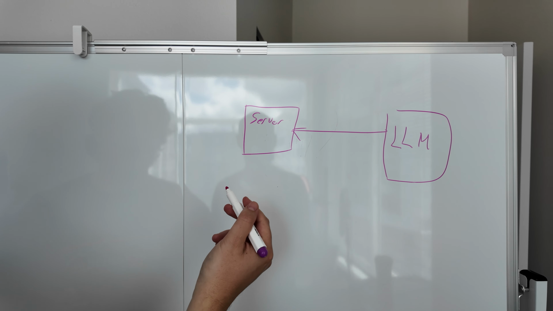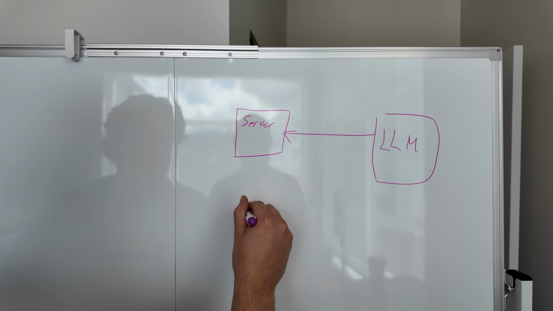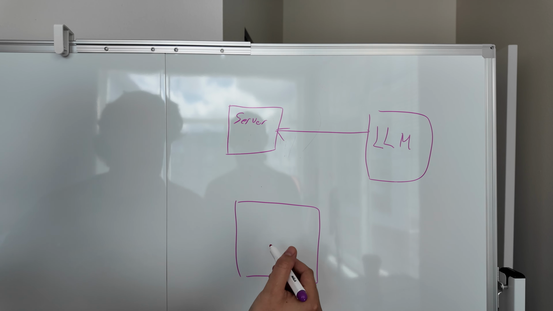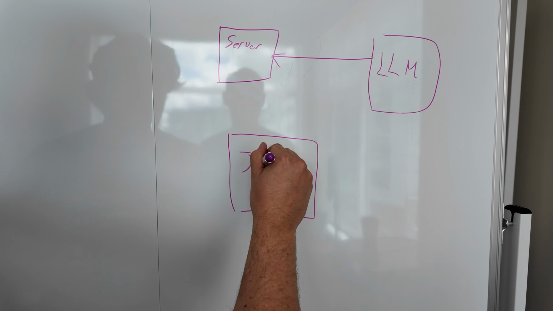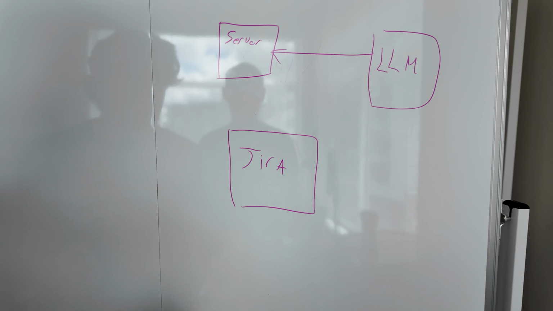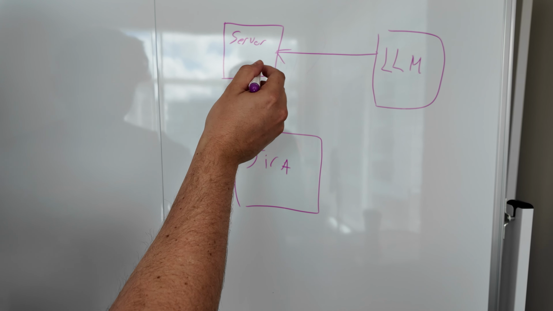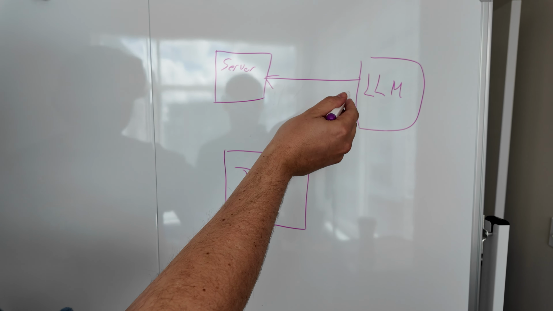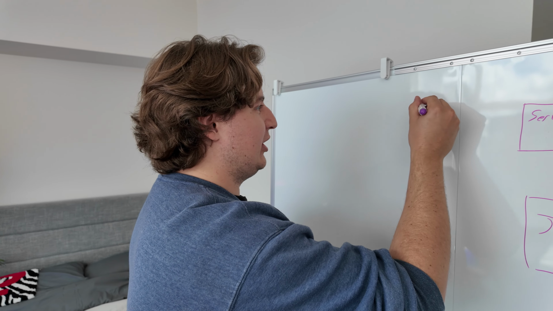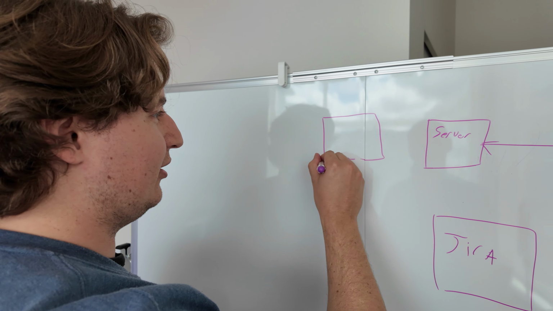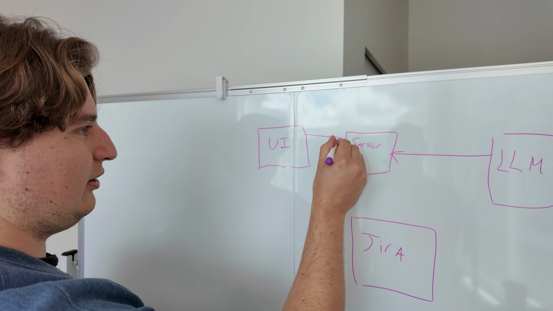Let's say you want your LLM to fill out Jira tickets for you. So we have this service here, Jira. How do I get my user who's talking to this LLM to talk to Jira? And we have some UI that they're talking to our application with.